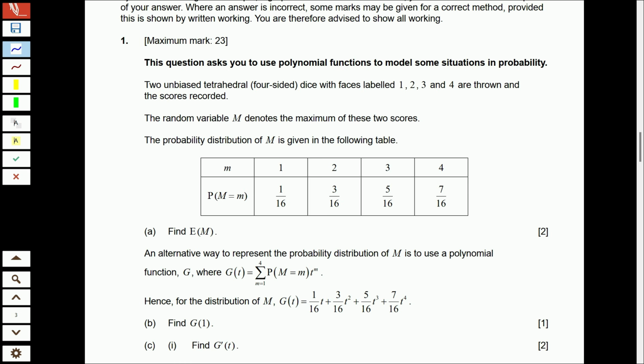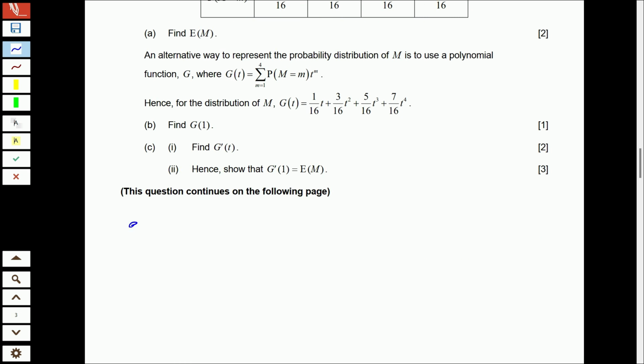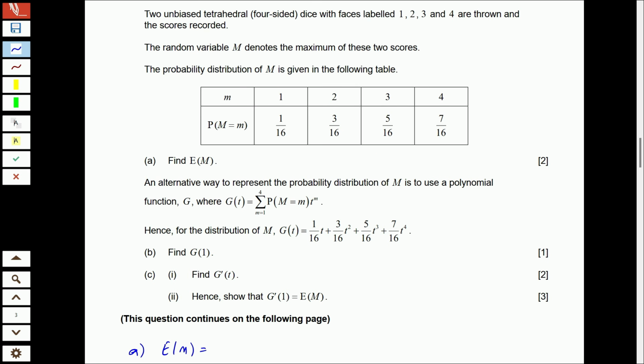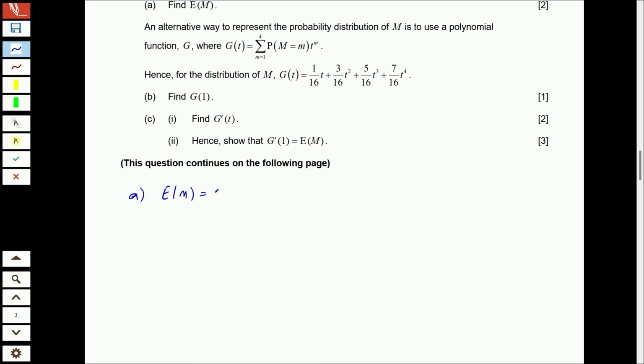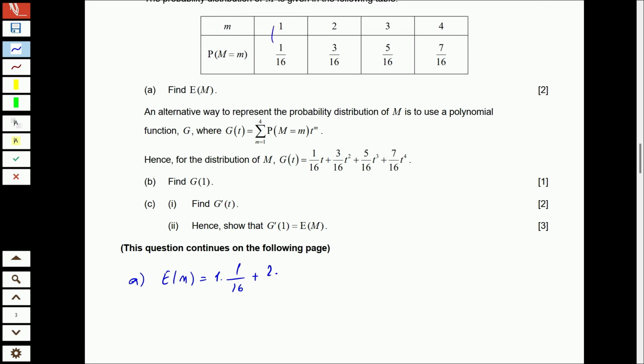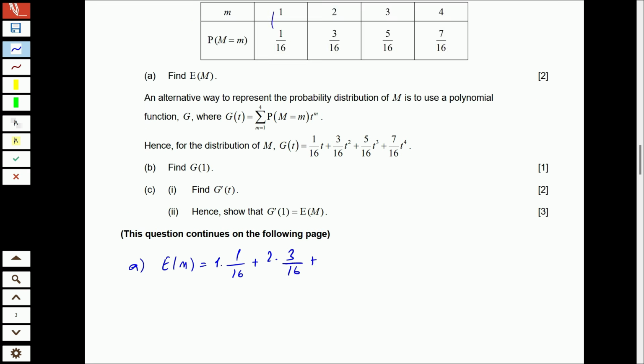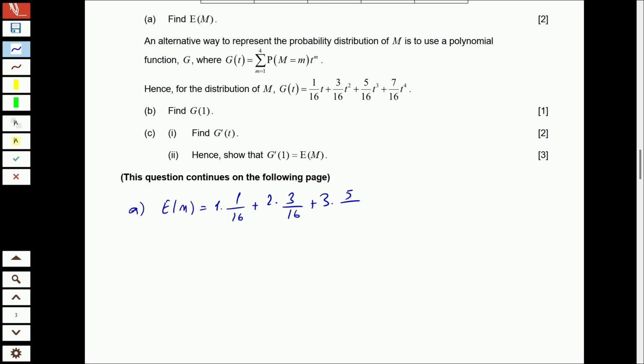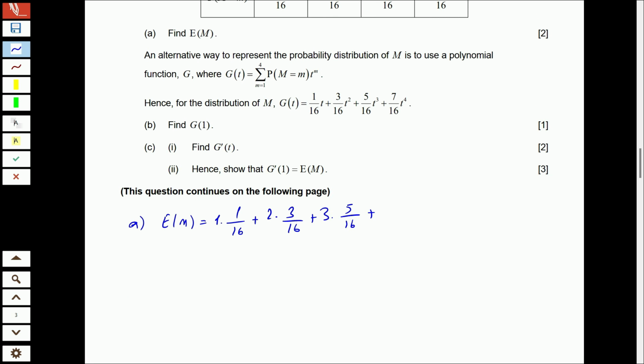So how are we going to find the expected value? If you check the formula booklet, you're going to see the formula. For the expected value, you multiply each value of m by its probability. For example, 1 times 1 over 16 plus 2 times 3 over 16 plus 3 times 5 over 16 plus 4 times 7 over 16.